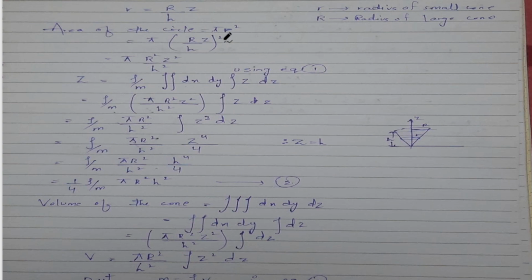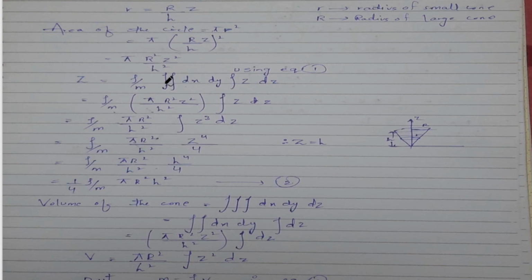Now you have to put the radius value, which is this, and after putting it and arranging the square, let's take equation 1, and equation 1 is this. Now you have to put in the value of the double integration.